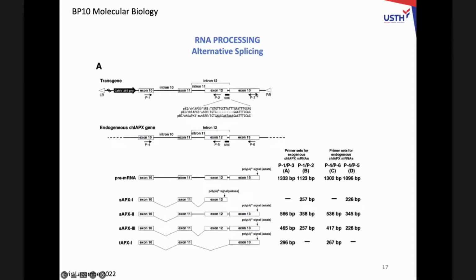The gene exists only in one copy. I'm not going to explain everything, because they used a transgenic approach in order to prove the alternative splicing. In part A of the figure you see the construct of the transgene, but I want us to look at the endogenous chloroplastic ascorbate peroxidase.